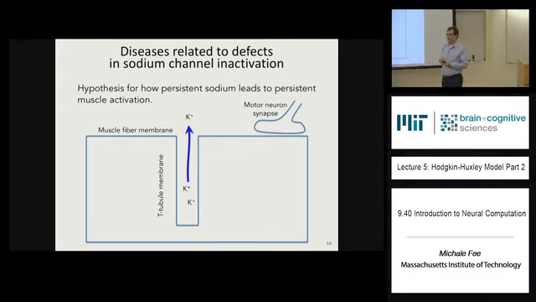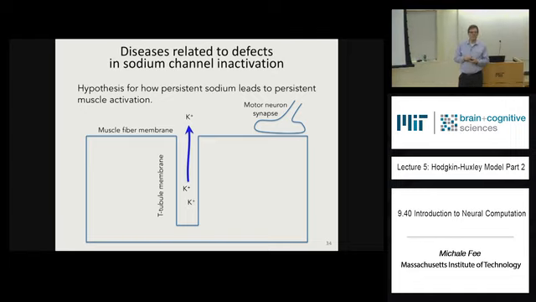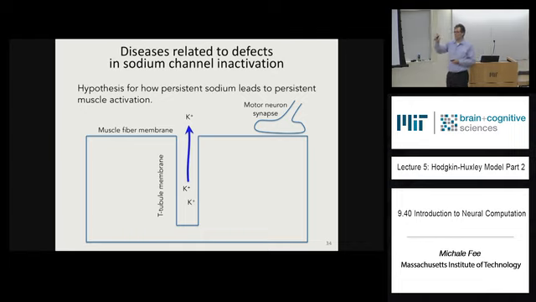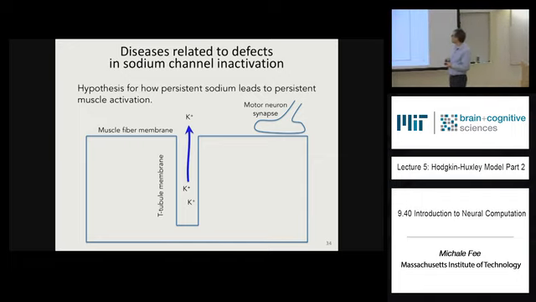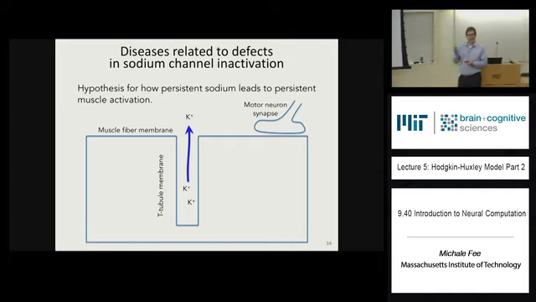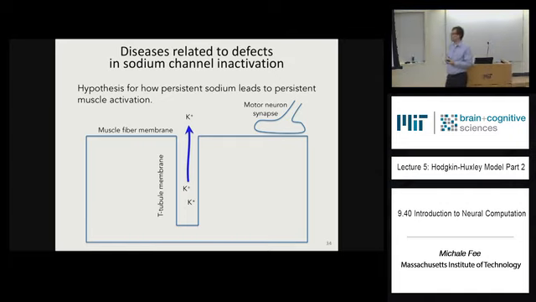Any idea how we would do that? Anybody want to take a guess? Does anyone remember how long it takes an ion to diffuse across, let's say, a cell body, 10 microns? Kind of a few tens of milliseconds, right? 50 milliseconds.